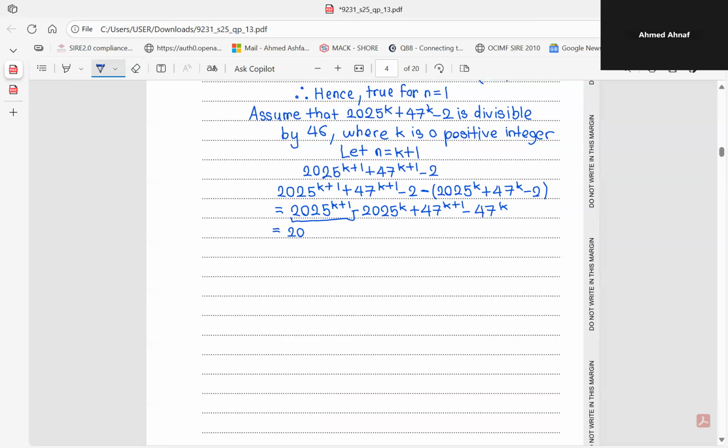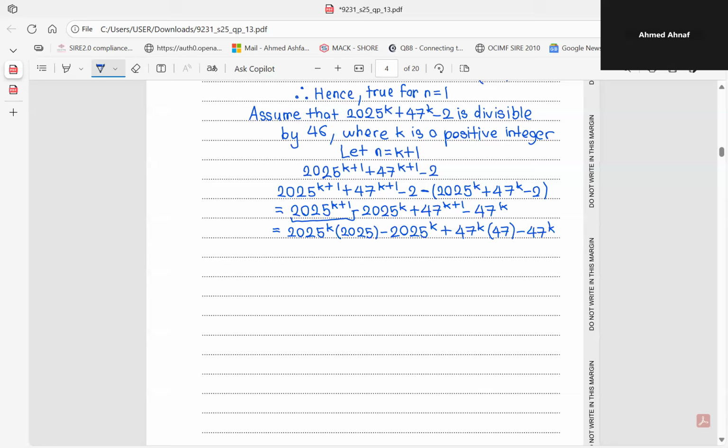So this is just 2025 to the power of k times 2025 to the power of 1, so times 2025, minus 2025 to the power of k. We'll do the same for 47 to the power of k plus 1. So that's 47 to the power of k times 47 to the power of 1 minus 47 to the power of k.